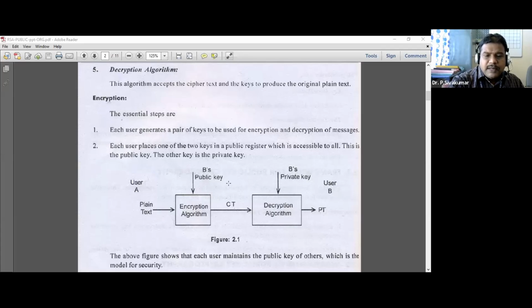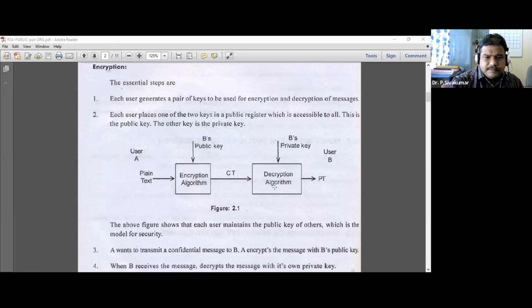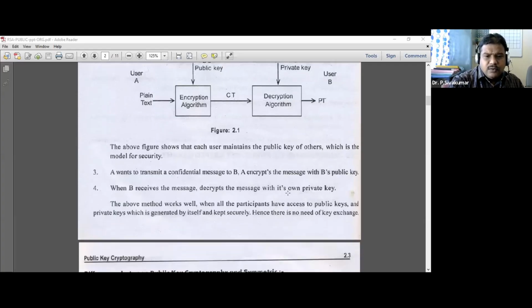These two keys are mathematically related, so no other person can get the information or decrypt the messages. This is how encryption is done in public key cryptography.